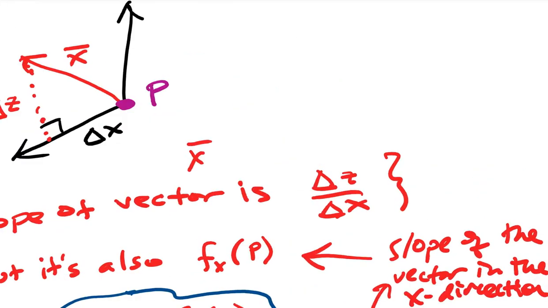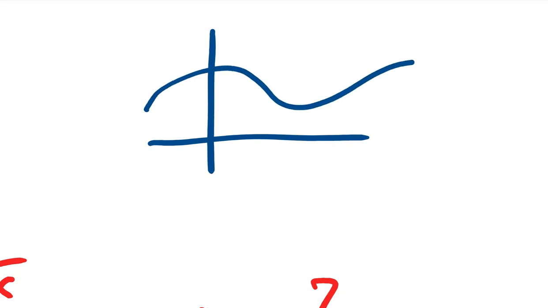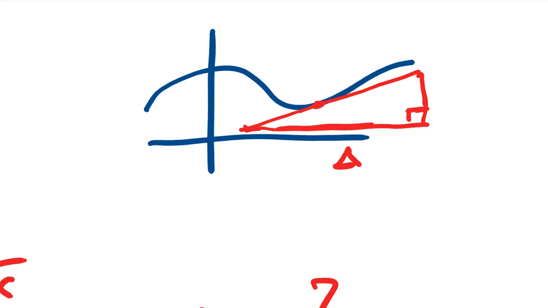You've seen this before. It's in Cal 1. In Cal 1, you had some nice curve, and then a tangent line to the curve. That tangent line was the hypotenuse of a triangle.